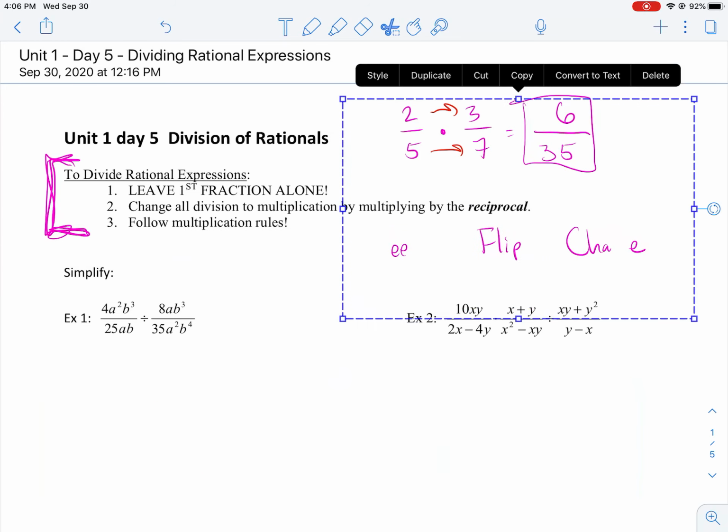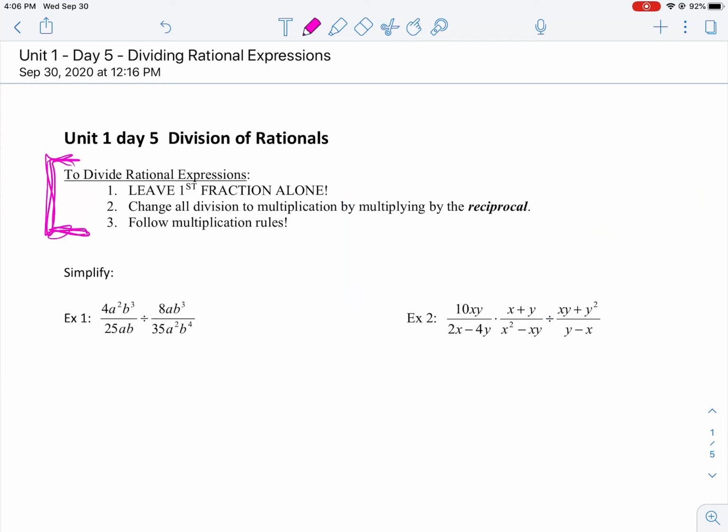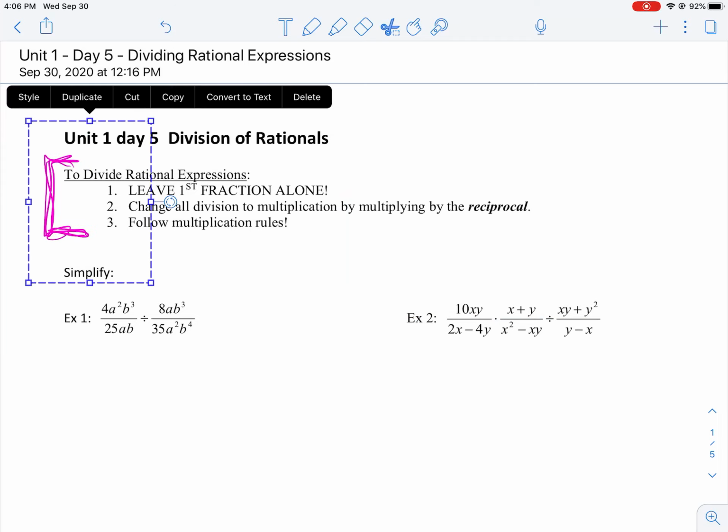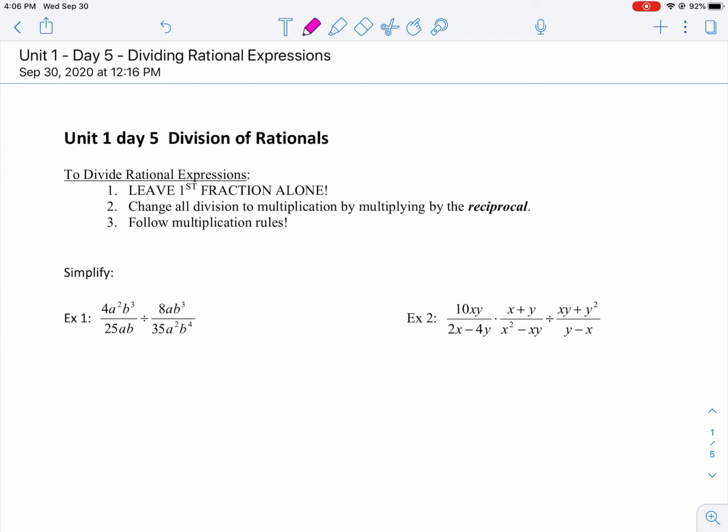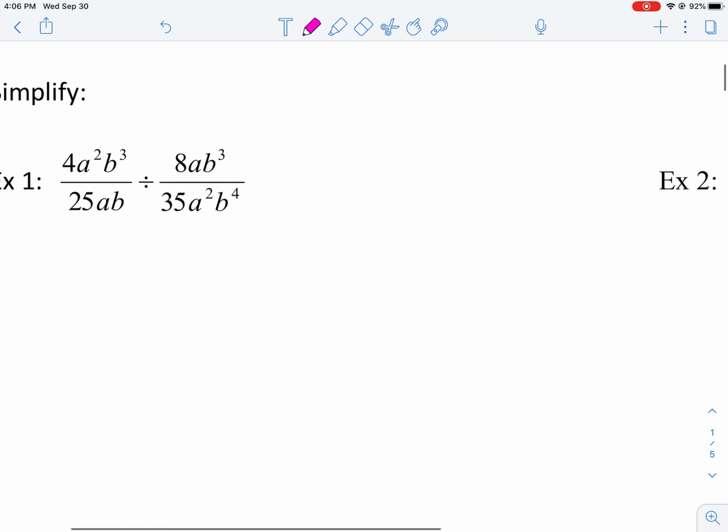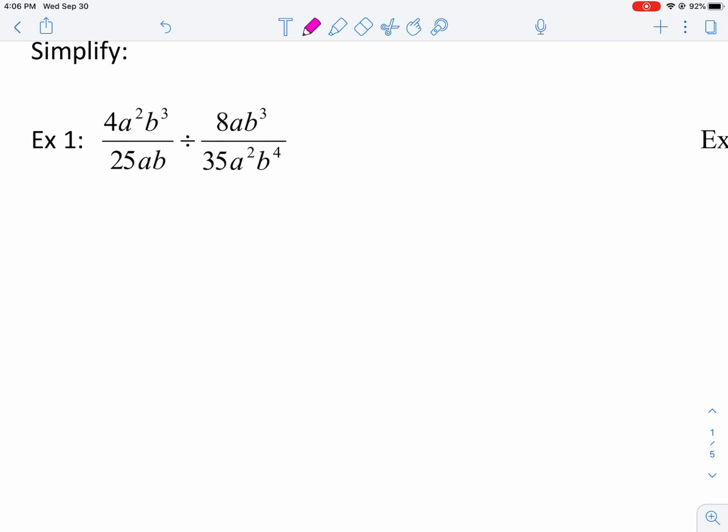Let's take a look at the first example. So here it says, well, I'm not going to read all that, you guys can read. 4a squared b cubed over 25ab, all divided by that second expression here. So let's follow our keep, flip, change.